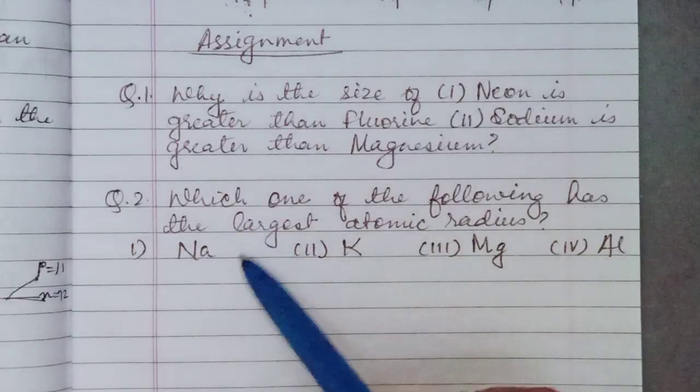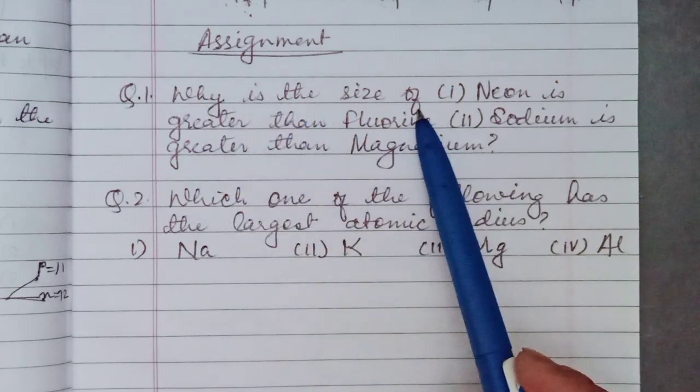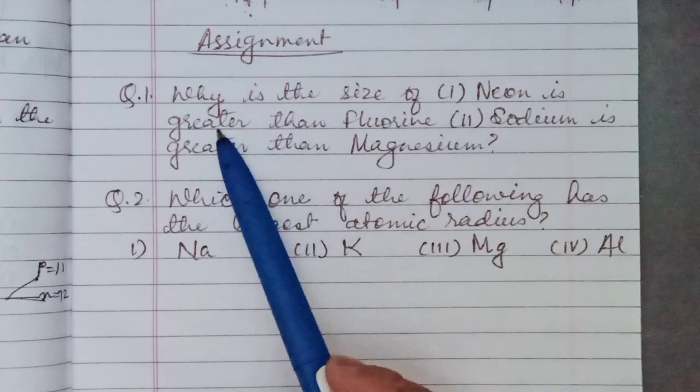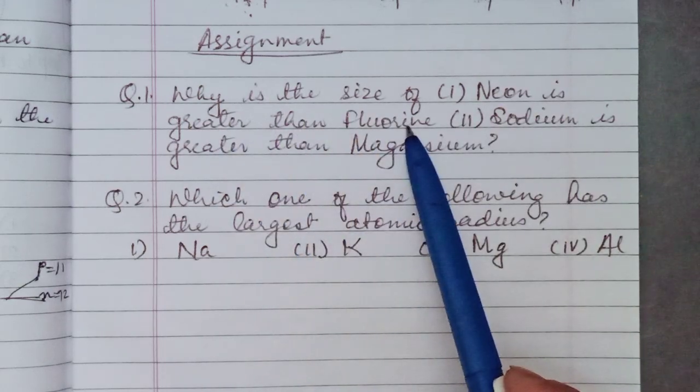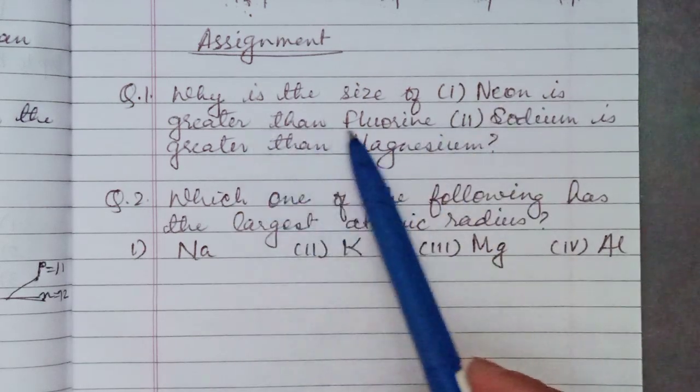Now children, this is your assignment. Why is the size of neon, the inert gas present in group number 18, greater than fluorine, which is present in group number 17?